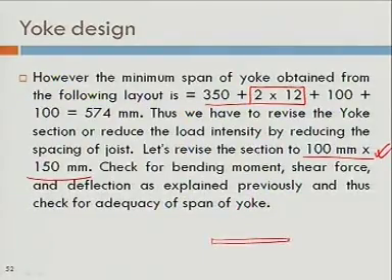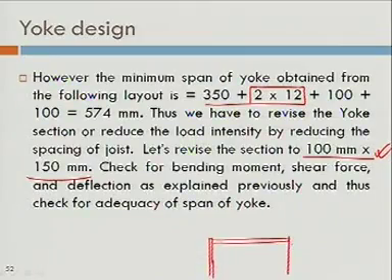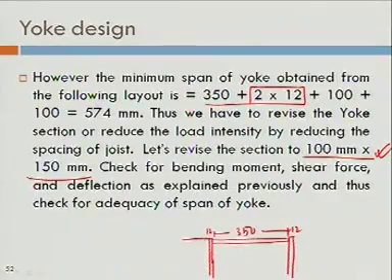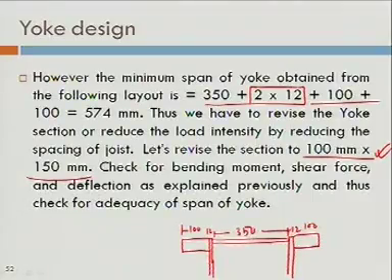This is one side, this is another side. So inside section here is 350, here 12 mm, here 12 mm, and then beyond this you had 100 here. Is this statement clear to you, technology class?